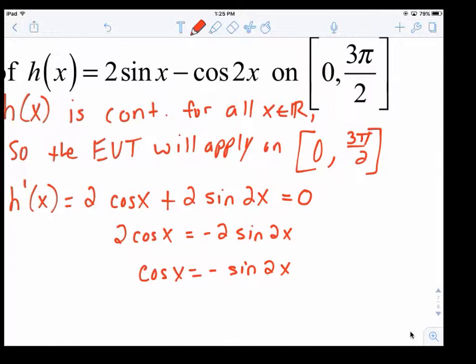Right. 2x is 2 over this, and negative is negative 2 over this. And then cosine is negative 2 over this. Right. So I'm thinking the only places where sine and cosine are the same are at pi over 4, 3 pi over 4. Right. I know that. Yeah, that changes it.